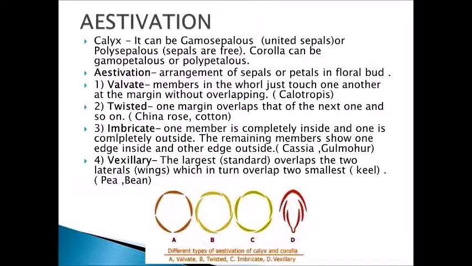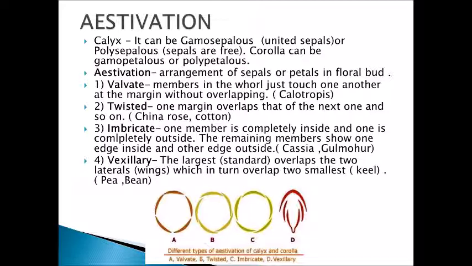Sometimes the sepals may be free. That time it is called polysepalous. On similar lines, for corolla, gamopetalous means when the petals are united, and polypetalous means when the petals are free.